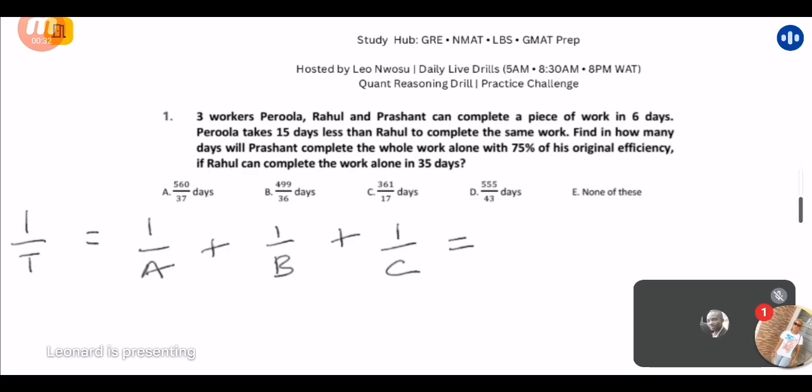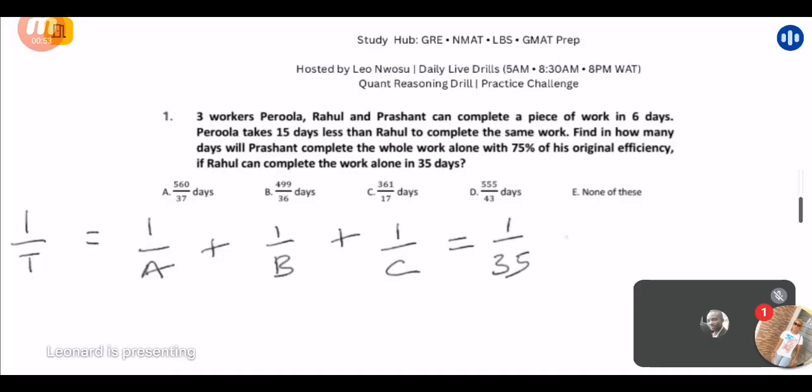We can call them a, b, c, and it's clear that one of them can do it in 35 days, which is 1 over 35. Another one can do it 15 days less, which is 1 over 20.